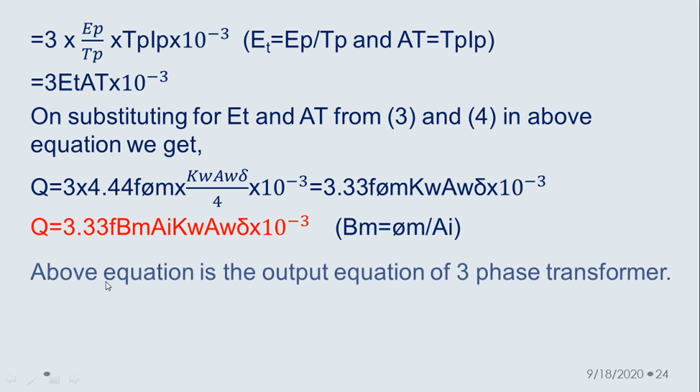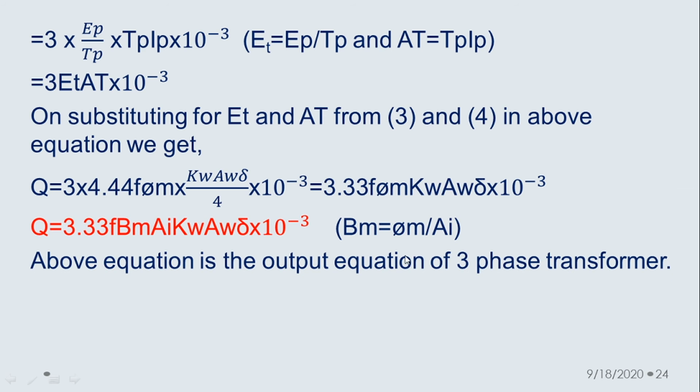So the above equation is the output equation of a three-phase transformer. We have now derived the output equations of the single-phase and three-phase transformer. Both derivations are very important from the examination point of view, so you should be very thorough in deriving these two equations.